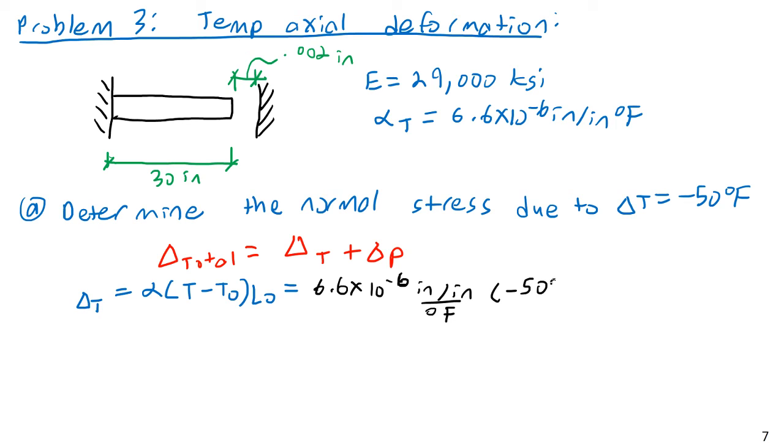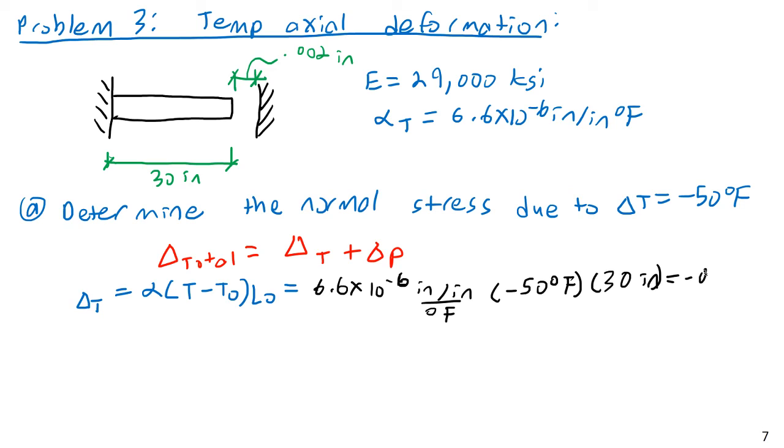It's getting colder, which means it should be contracting, so we're probably not going to have a problem. The only time a temperature decrease will cause a stress is if this thing is, say, fixed here. If this were glued down here, then it would cause a tensile stress in the material.